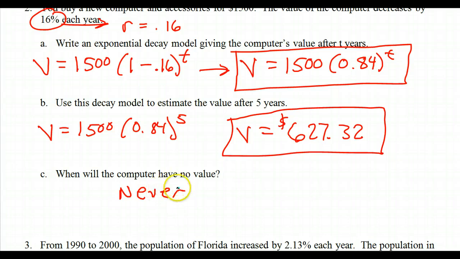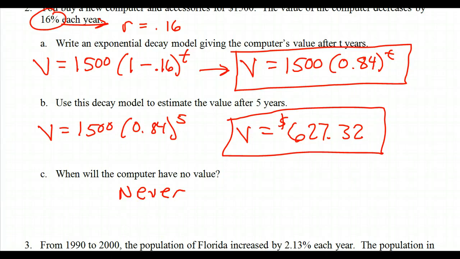But let me go ahead and mention this. You can use your calculator to see what happens to these values over time and sort of play around with it. Let's use the table function and put this function in and see what's happening.